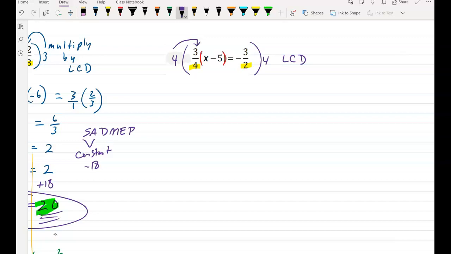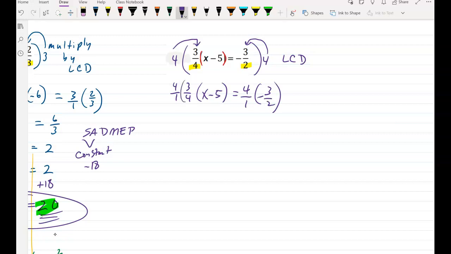And remember, everything on this side is a term because we've got this distribution happening. And I have to multiply 4 times negative 3/2. So multiply 4 over 1 times 3/4, x minus 5 in parentheses equals 4 over 1 times negative 3/2.